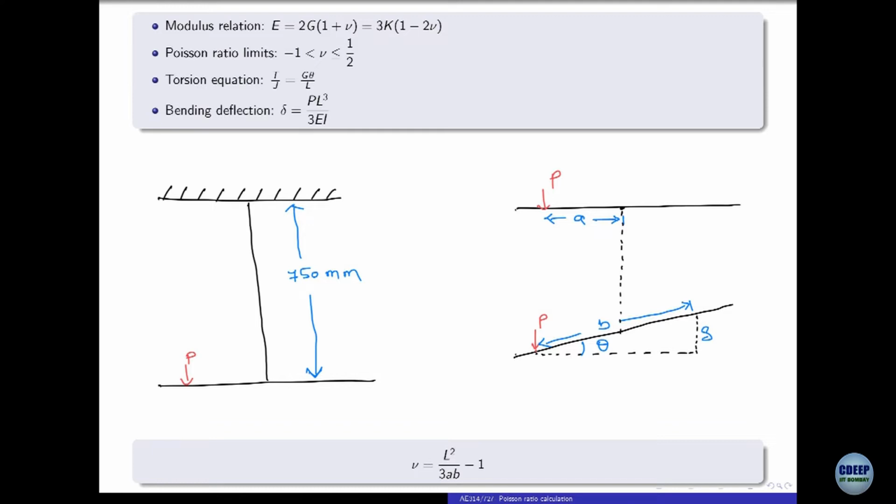Delta is the deflection due to bending, theta is the twist, and A and B values are shown appropriately. If you refer to your manual, you will find that the Poisson's ratio comes out to be L square upon 3AB minus 1. L is given, we have to calculate only A and B.